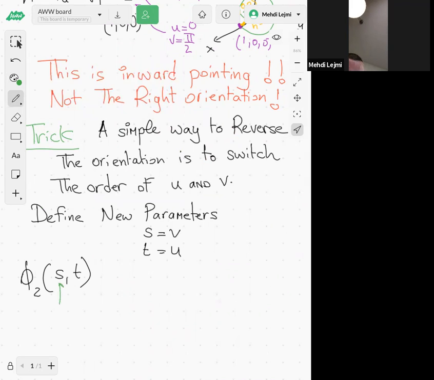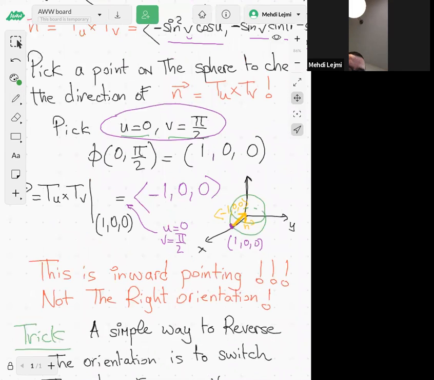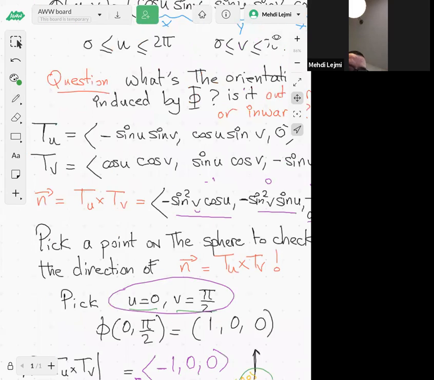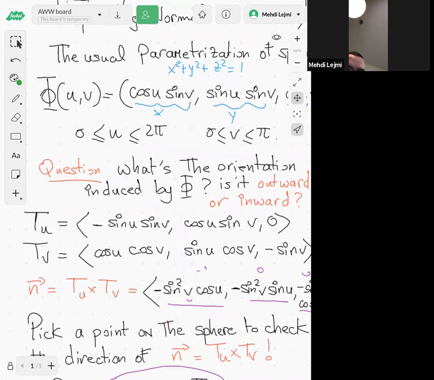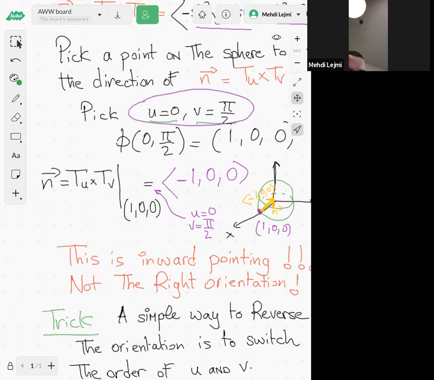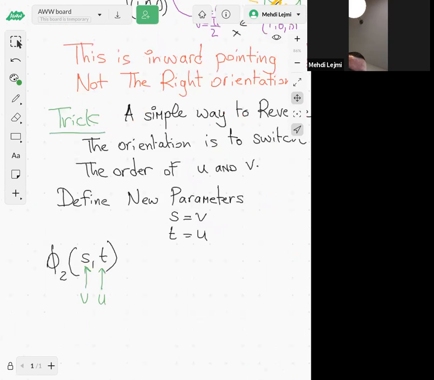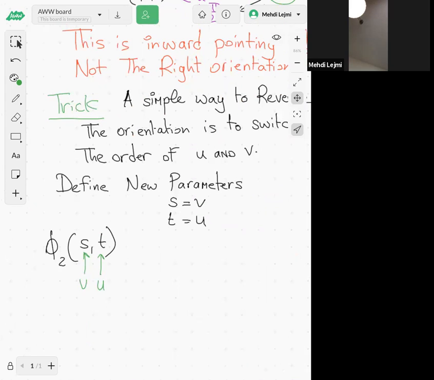This is s and t, but s is equal to v and t is equal to u, right? So in some sense, now I start with v and then I have u. In the previous parameterization, we started with u first and then v. Now, to reverse the orientation, what we can do is just start with v first, which is s, and then u.